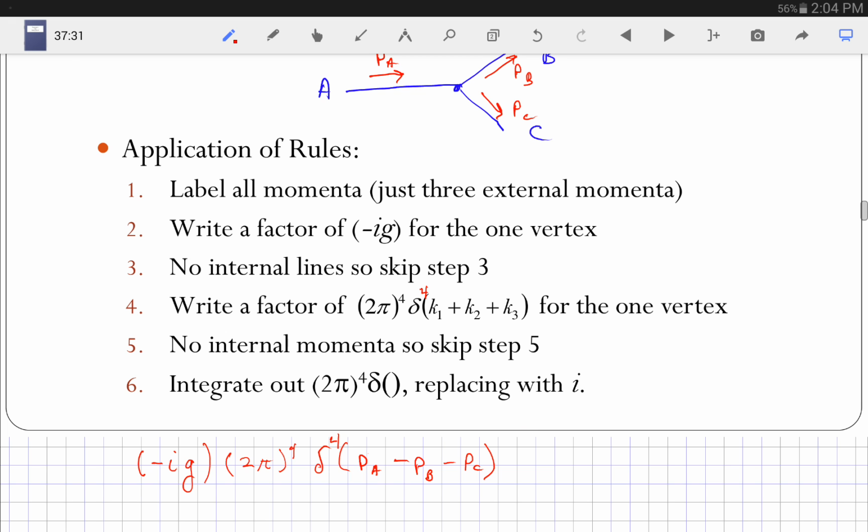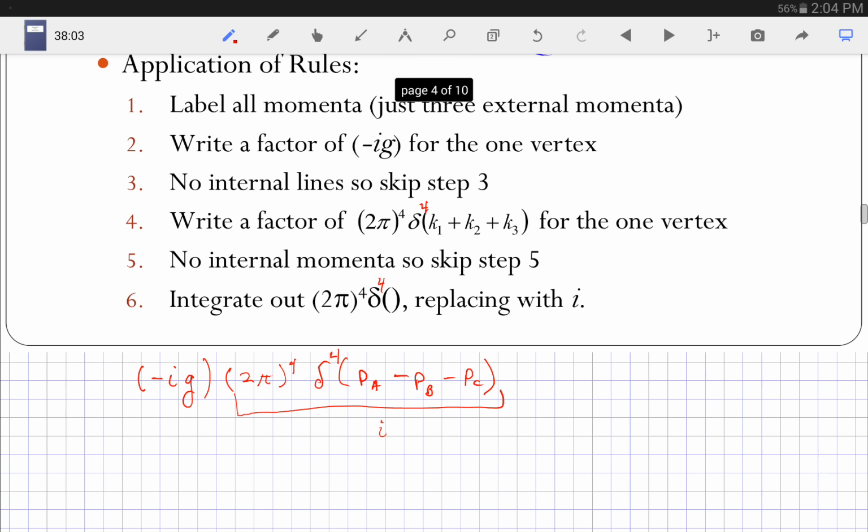And so I go on to step 6, which is integrate out the 2 pi to the 4th, delta to the 4th, replacing with I. So I'm doing an integral over the external momenta, PA, PB, PC, and when I do that integral, this entire thing is just going to become I. And so what I'm left with is minus IG times I, or minus I squared G, or just G.